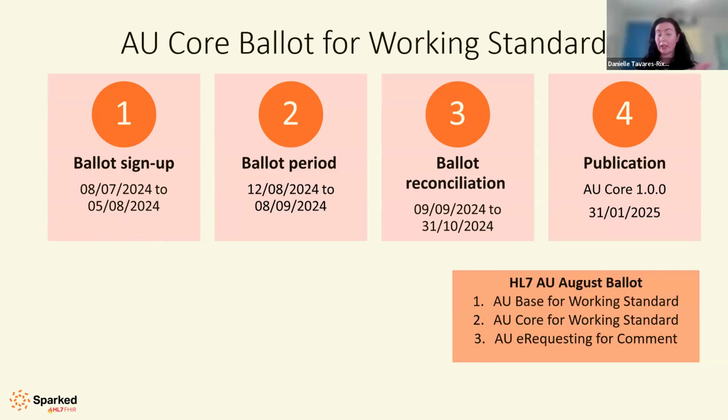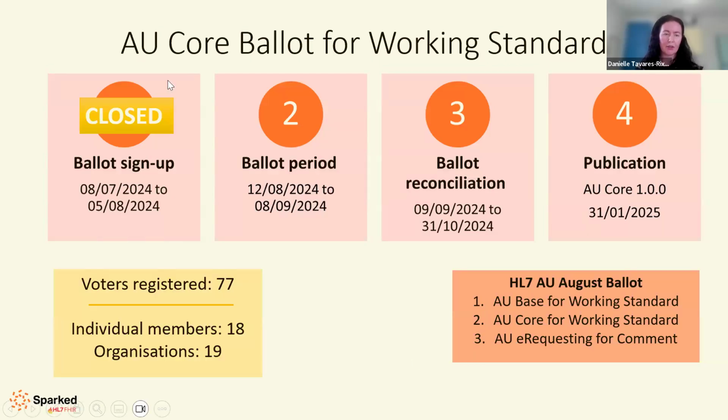Then we go through the ballot period, where balloters are essentially reviewing the content and providing their voting. And then we have ballot reconciliation. That's where a lot of the action happens for us in the technical design group, and then publication. I've got some slides that will go through how that happens and how we are involved in those phases.